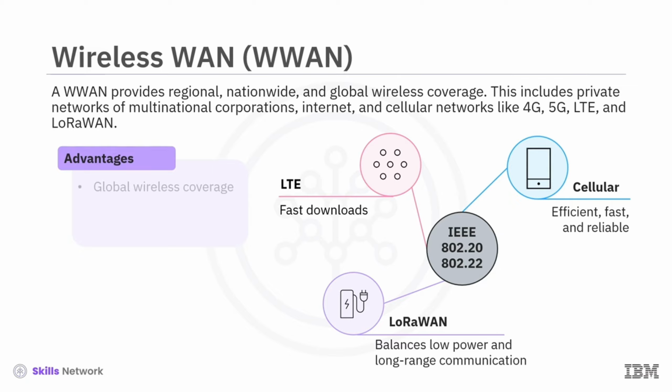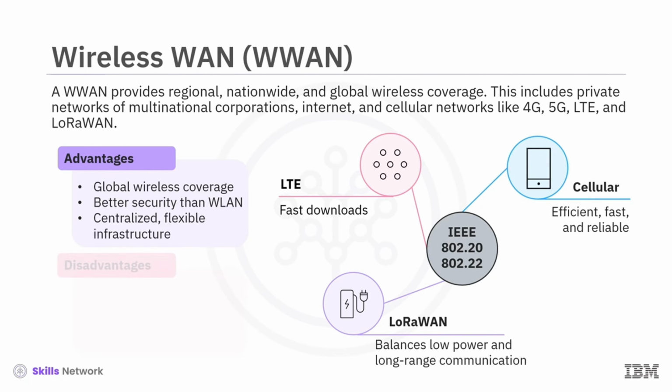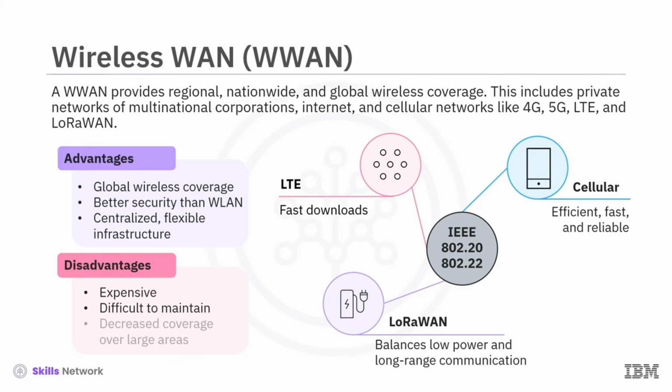Advantages include global wireless coverage, better security than WLAN, and centralized flexible infrastructure like cloud apps and storage. Disadvantages include expensive, difficult to maintain, and decreased coverage over large areas.